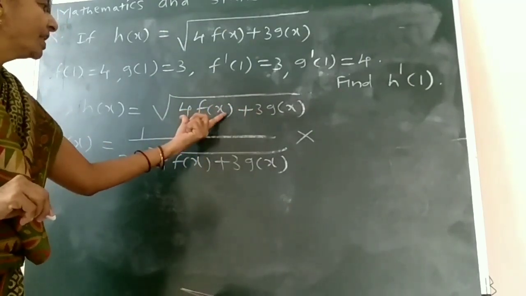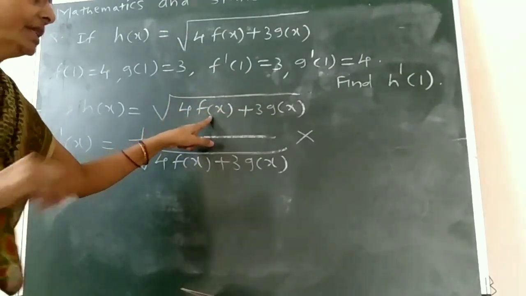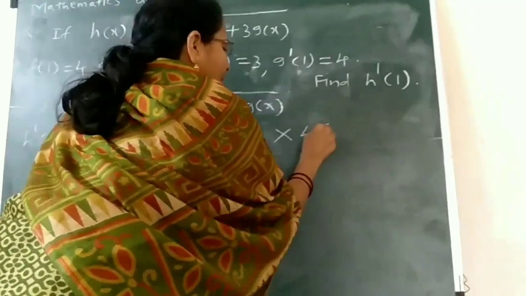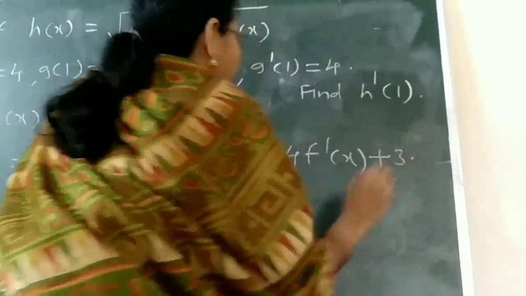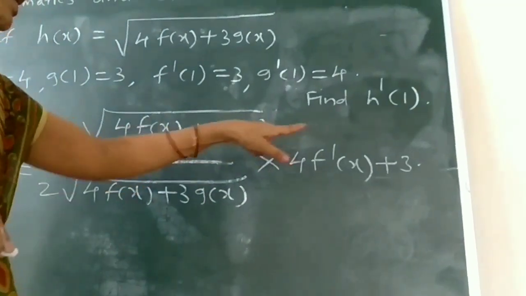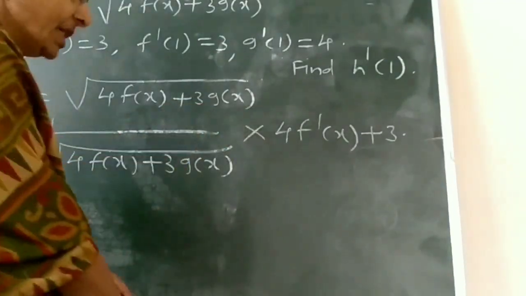Now derivative of this is 4 f dash x plus constant 3, derivative of g x is g dash x.